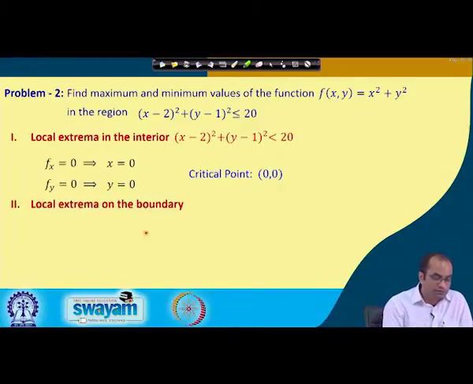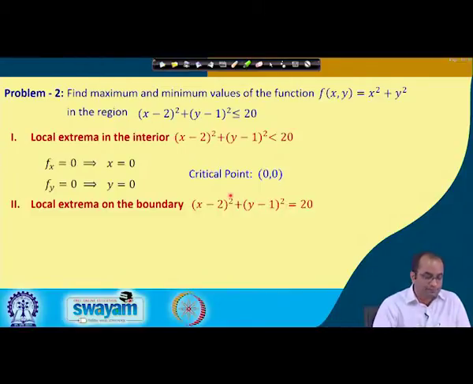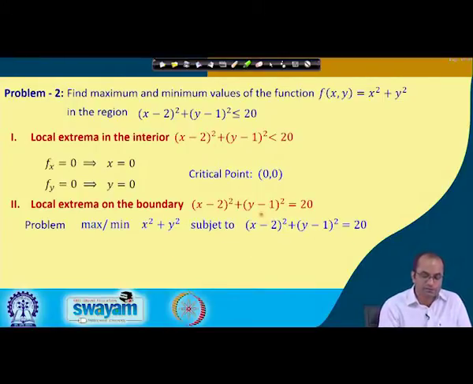So, the local extremum on the boundary. Now we will consider the boundary points, that x minus 2 whole square plus y minus 1 whole square is equal to 20. So, this with equality, and now we have to use the method of Lagrange multiplier. So, the problem is that we want to minimize or maximize this function subject to this constraint.